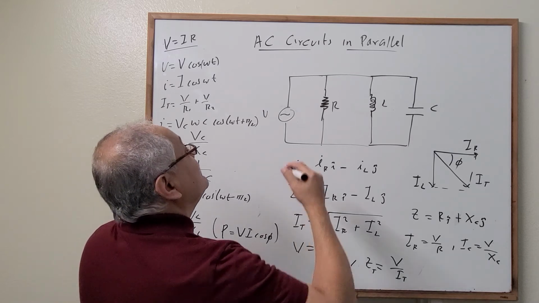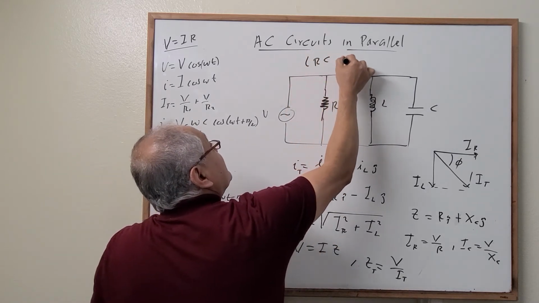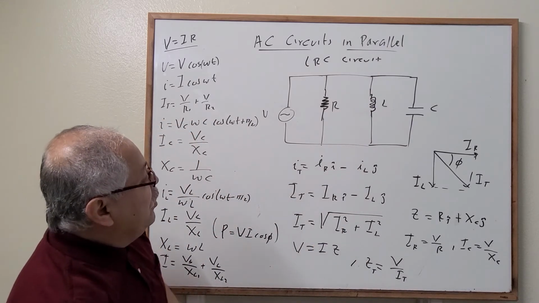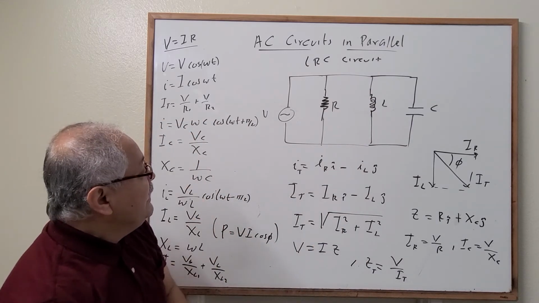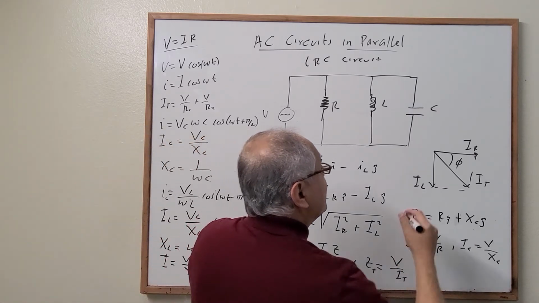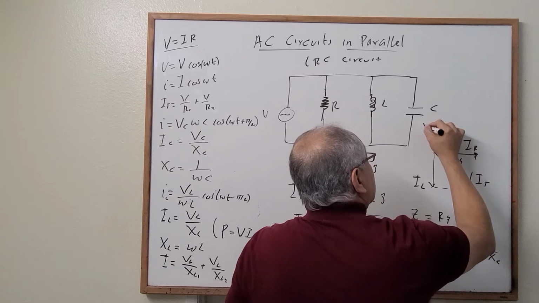Okay, perfect. This is the LRC circuit in parallel. What should be then the total instantaneous current? Let's do it. In this case, remember, we have to use the general phasor diagram.